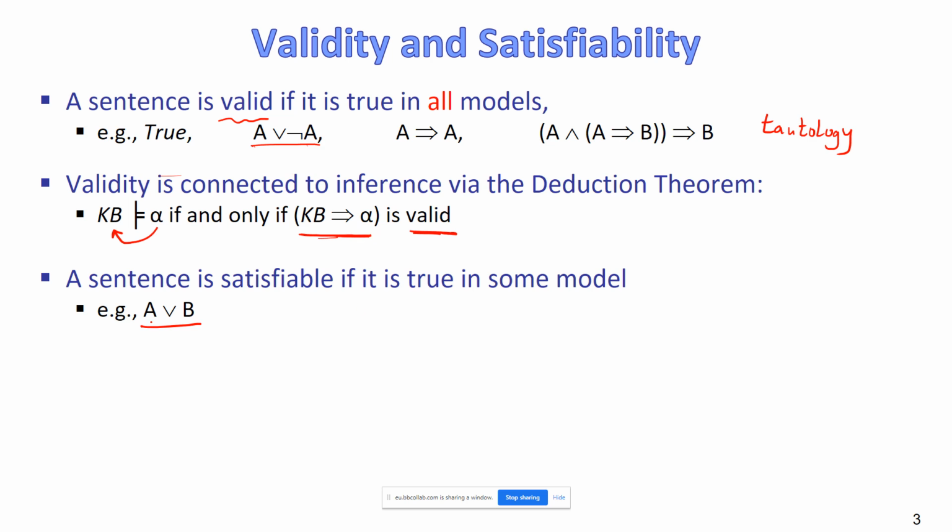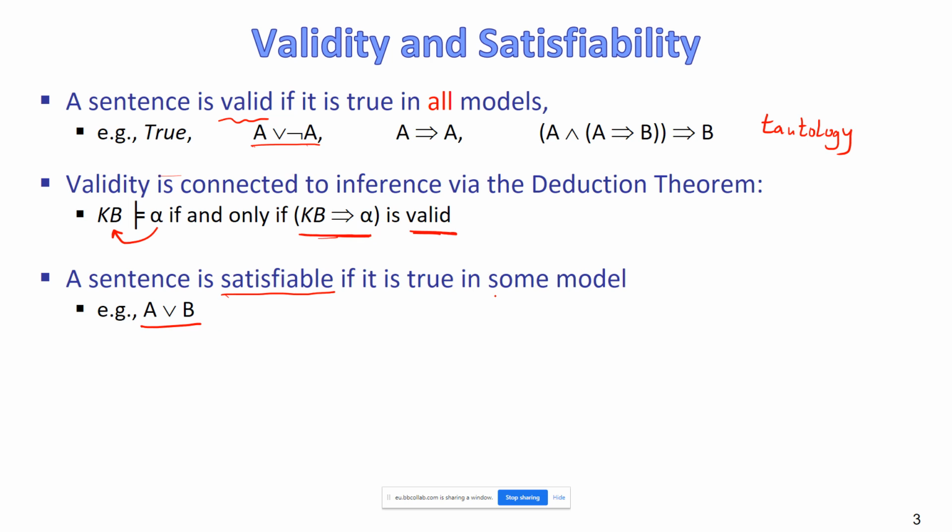When A is true, then this sentence is true. When B is true, then this sentence is true. That means there is a way to make this sentence true. That is satisfiability.